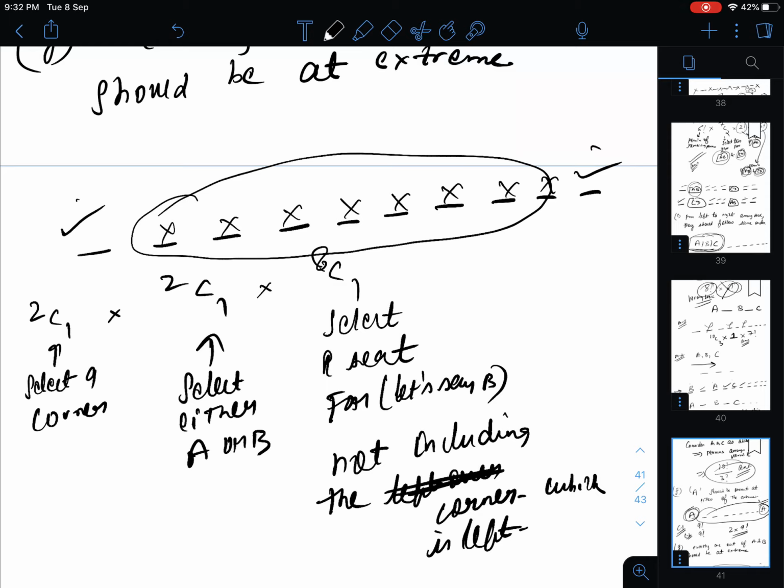And you can arrange this B only in one way, only one way for B to be seated.